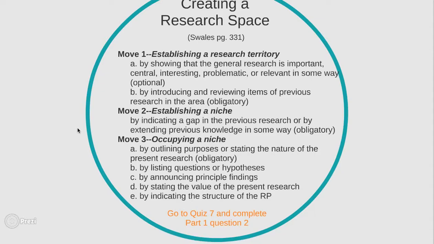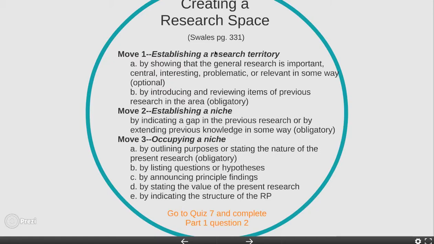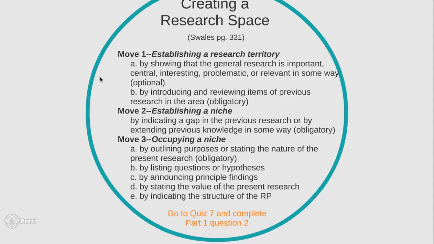So find the best introduction, the introduction that establishes the territory, establishes that author's niche in the research and then occupies that. So which introduction is the most effective? Pull that one article out.